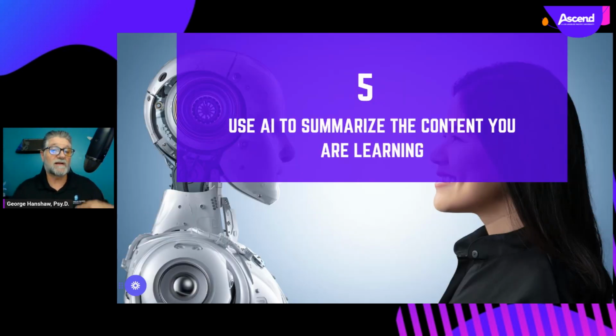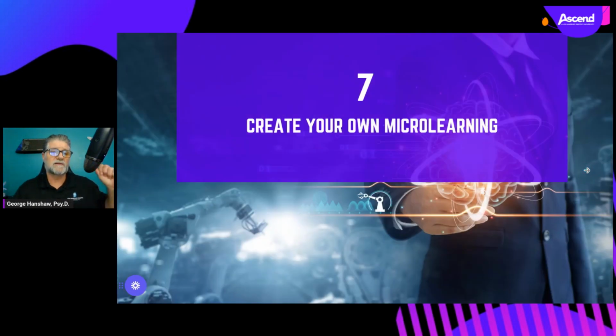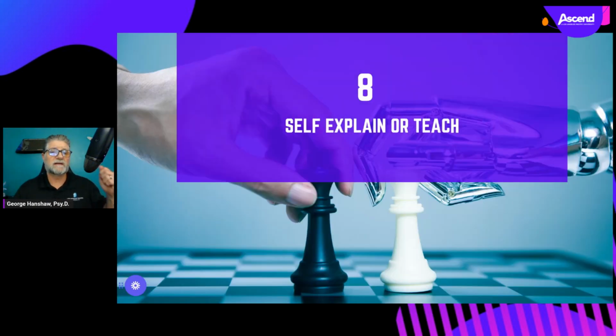Use AI to summarize the content you're learning. Tons of tools out there for summaries. I use Merlin, which is a Google add-on, a Google extension, I should say. And then acquire that knowledge, read, watch, whatever you're going to do. And as you do it, stop, quiz yourself. And as you're stopping and looking at that, you're creating your own micro-learning. And how do we do that?